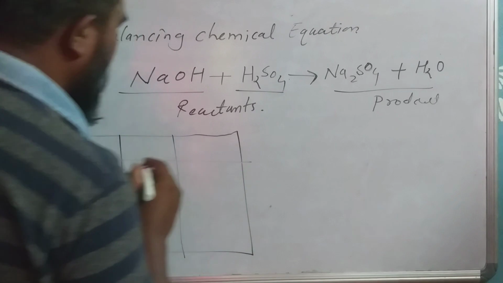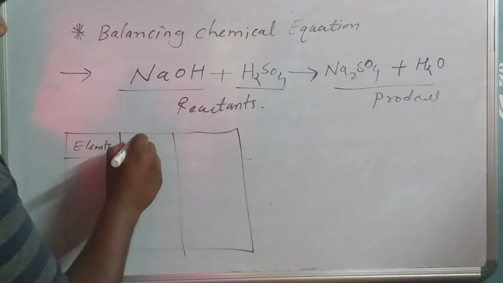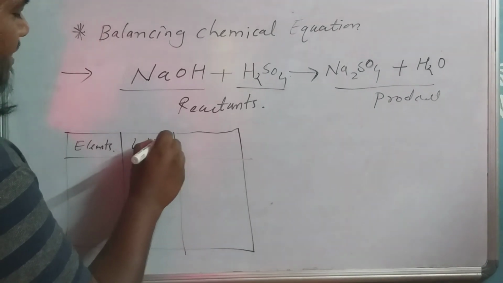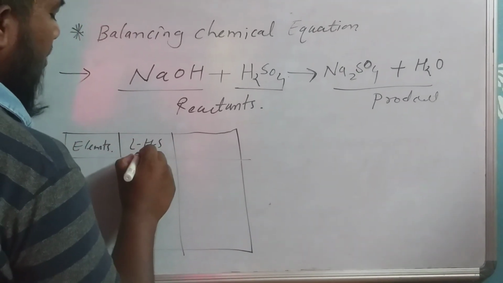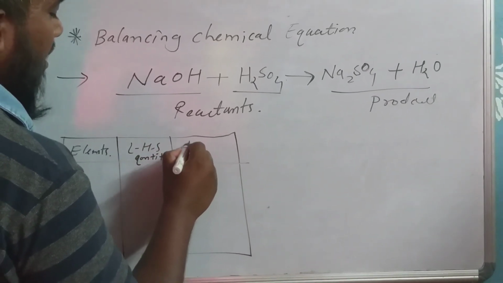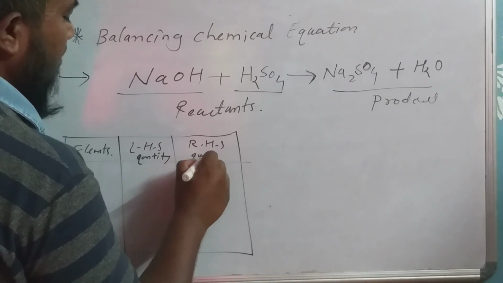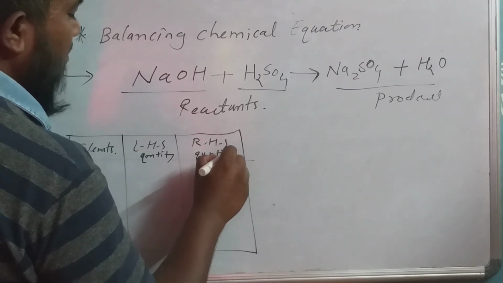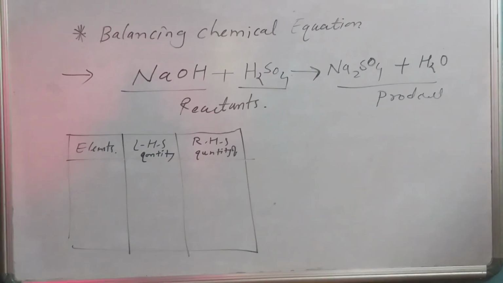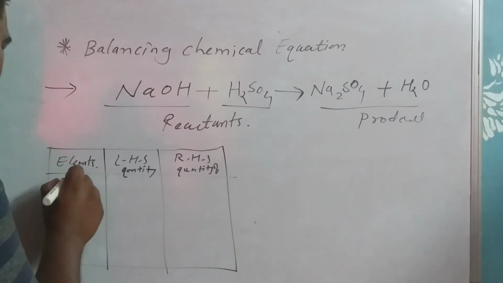The first column contains elements, the second column contains LHS side elements and quantity, and the third contains RHS side quantity of the element.